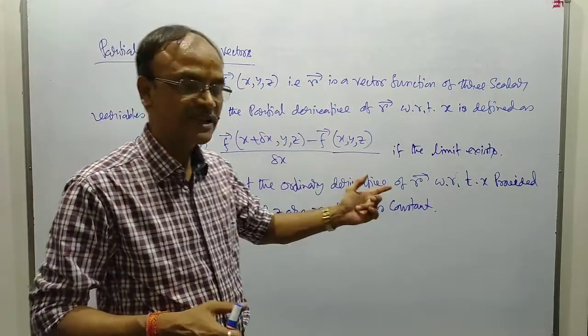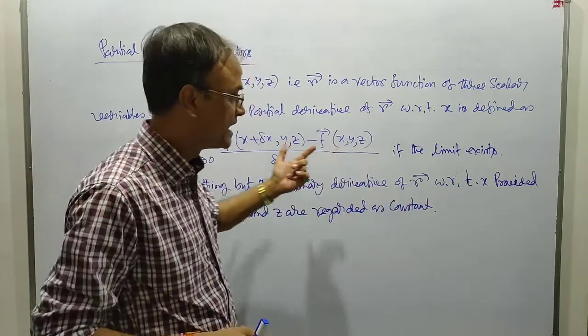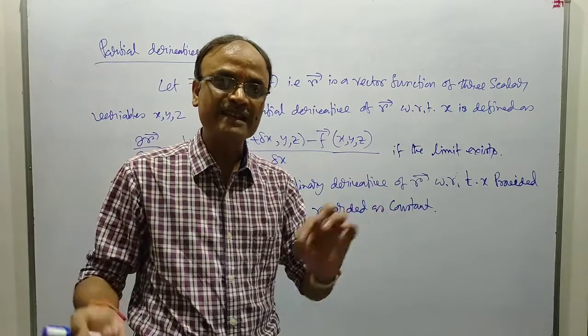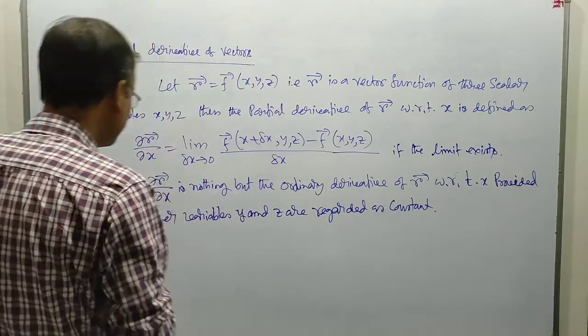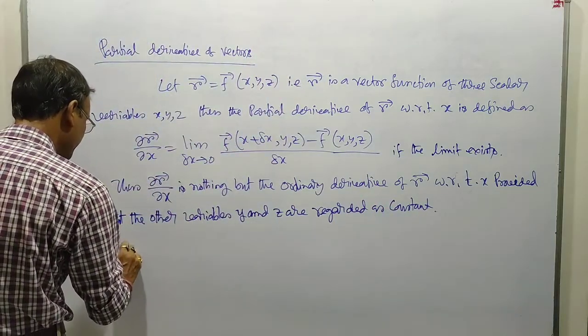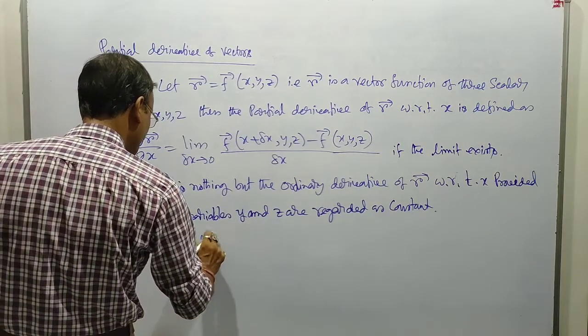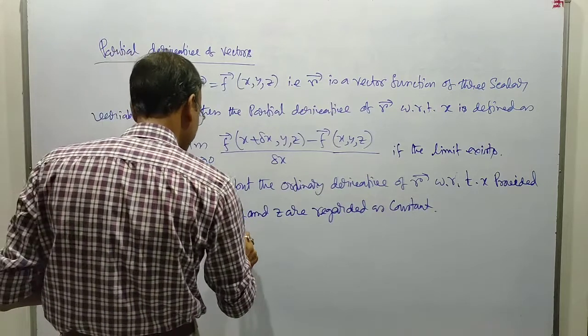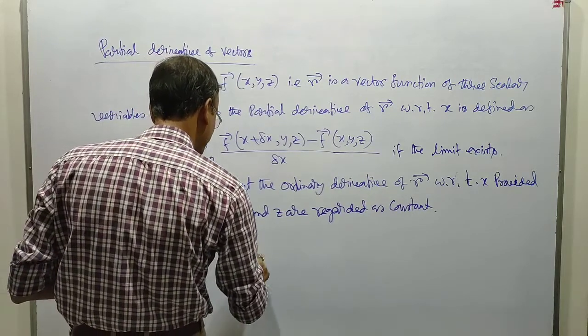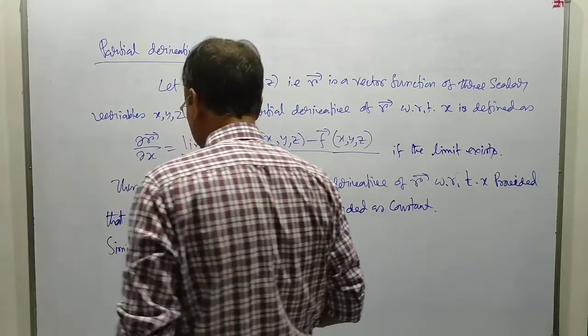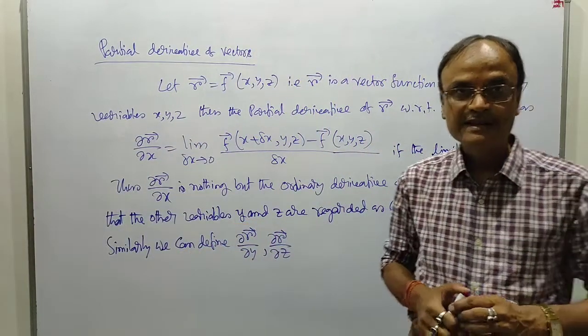For the partial derivative of R vector with respect to x, treat the other variables y and z as constant. Similarly, we can define delta R vector by delta y and delta R vector by delta z.